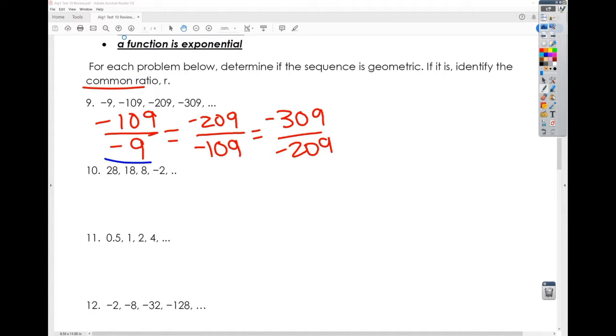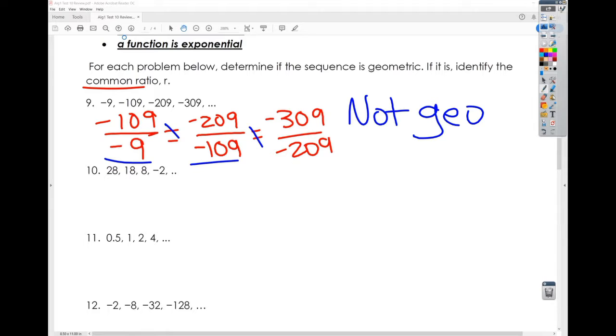If I take the negative 209 and divide that by the negative 109, that comes out to be about 1.9. That is not even close to being the same. So these things are not equal. So this is not geometric because it does not have a common ratio for successive terms.